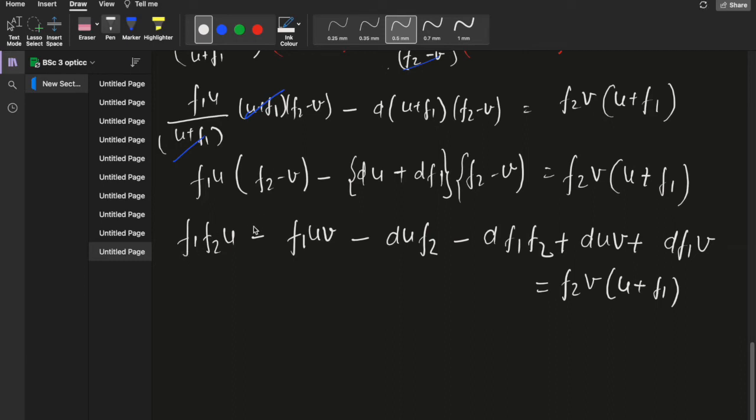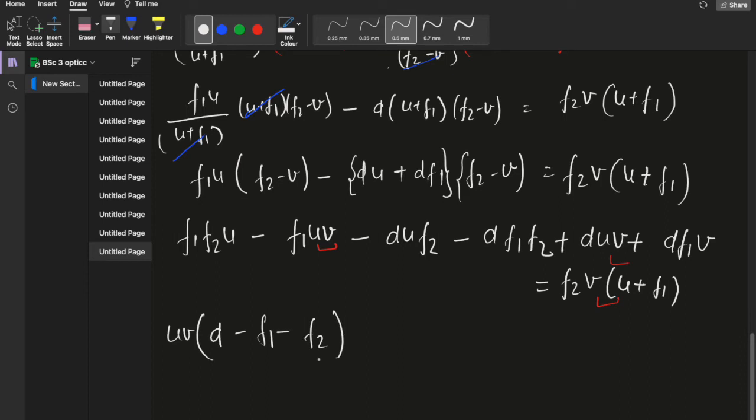Now just take UV common. I have UV here and UV here. So I take UV common, the first term is positive, so I write D, and this term is again negative. Okay, just write the first U term, this term is negative, so this is F1, and if I take it to the left hand side it becomes negative again, so this becomes F2.